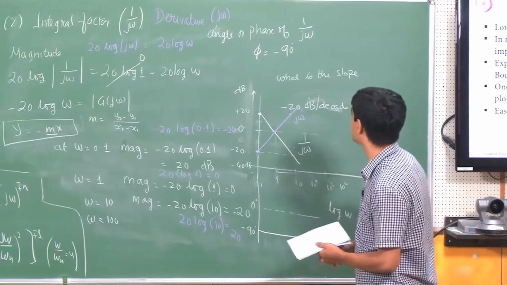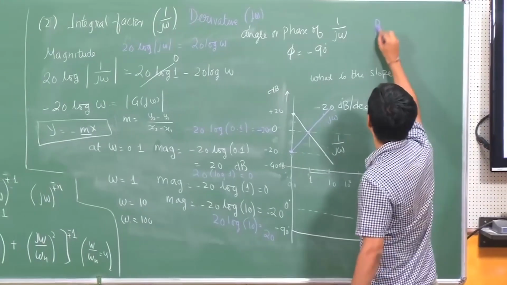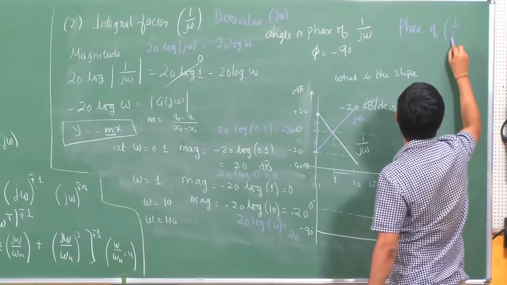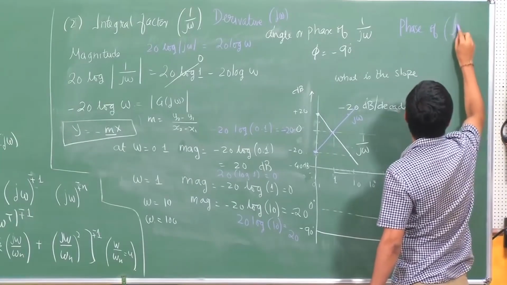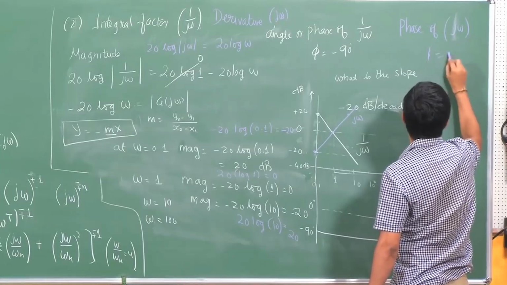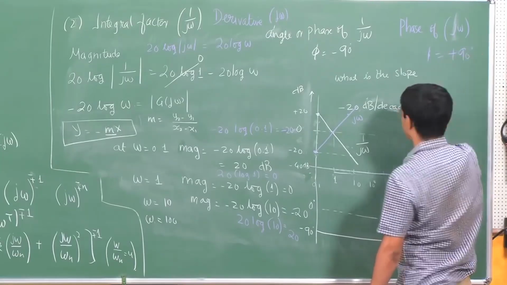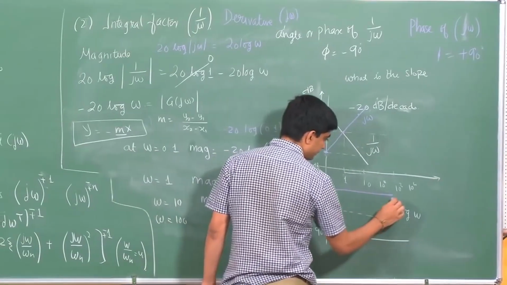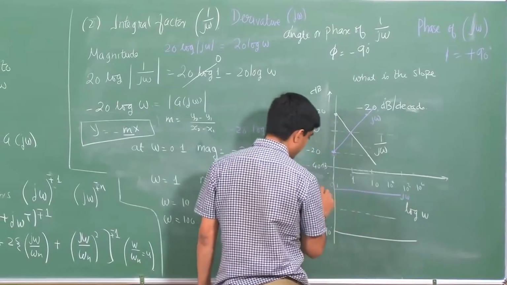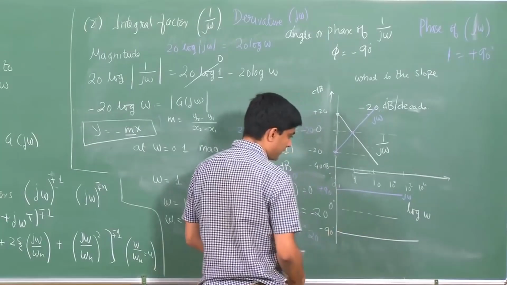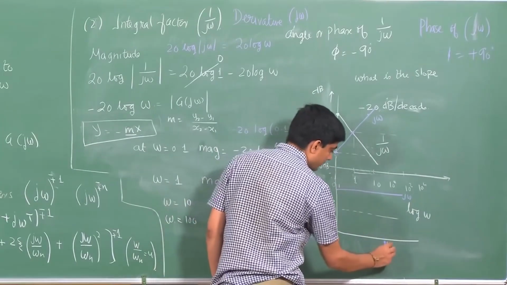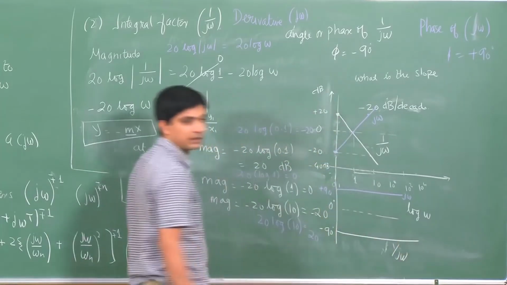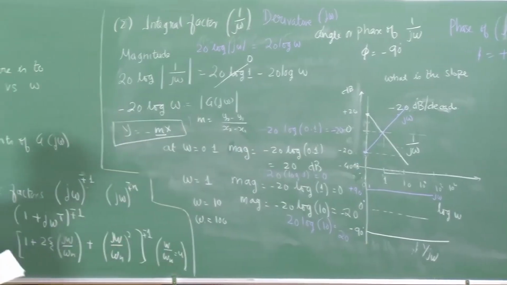And of course, what is the phase of j omega? The phi is always plus 90 degrees, so I will be all the time here. This is the phase of j omega at plus 90, and the white one is the phase of 1 over j omega at minus 90 all the time.